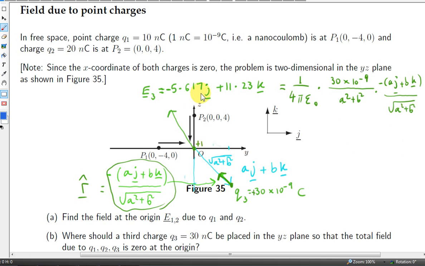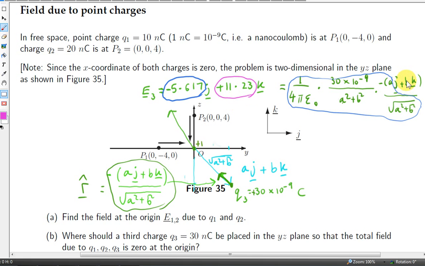So to find out what A and B are, we have to compare the J components. So we have to compare this to the J component here, which is actually all of this. So it's minus A over root A squared plus B squared times this quantity here. And of course the K components have to be the same.